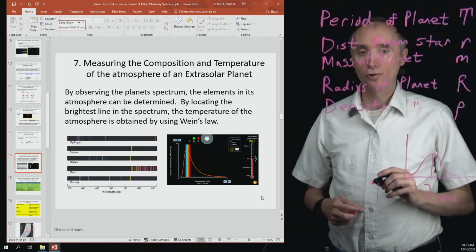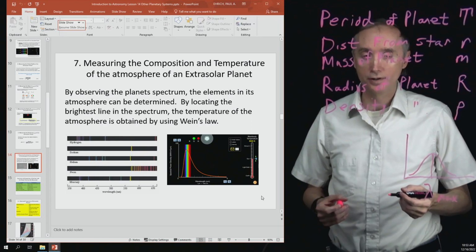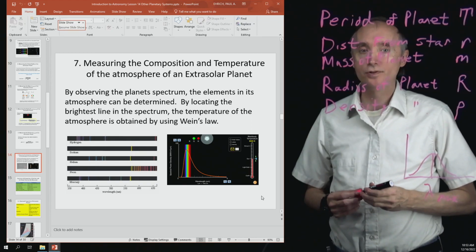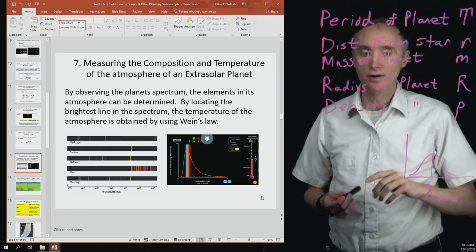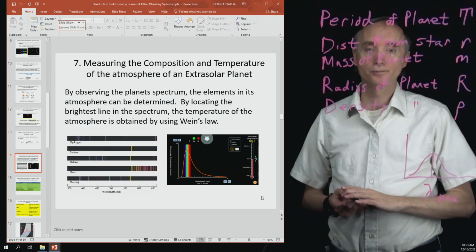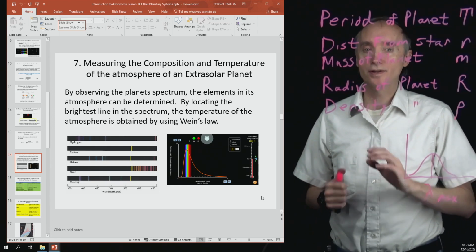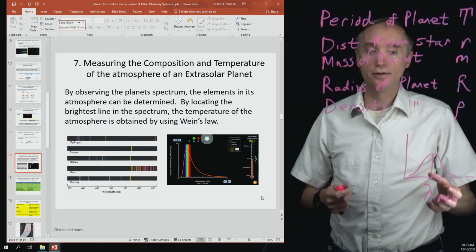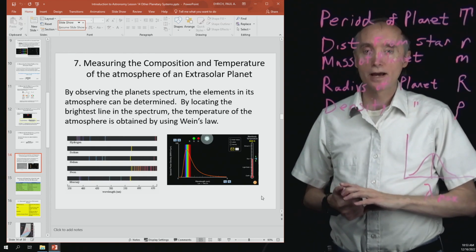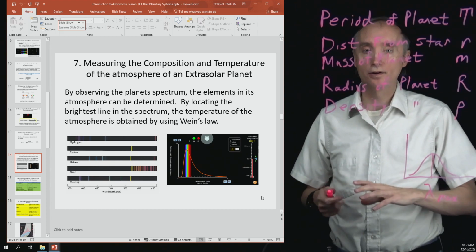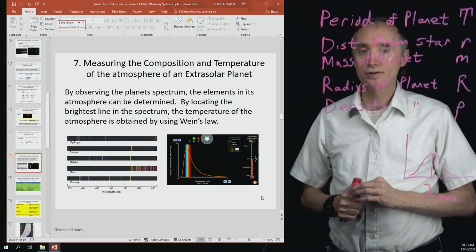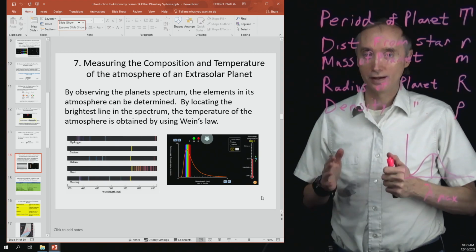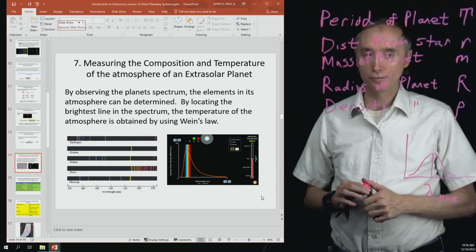Then we had a formula called Wien's law that we could plug the wavelength into, and it would tell us the temperature of that particular black body. So now we'll know the temperature of the atmosphere of that planet based on the maximum color of light emitted by that planet. That is pretty amazing, that we can measure all of these different properties of a planet.